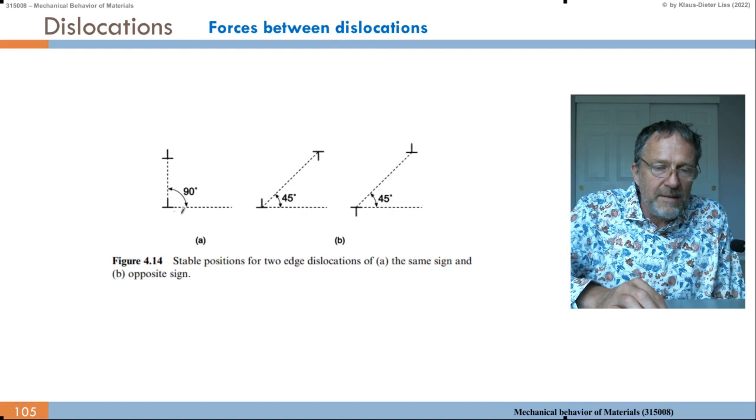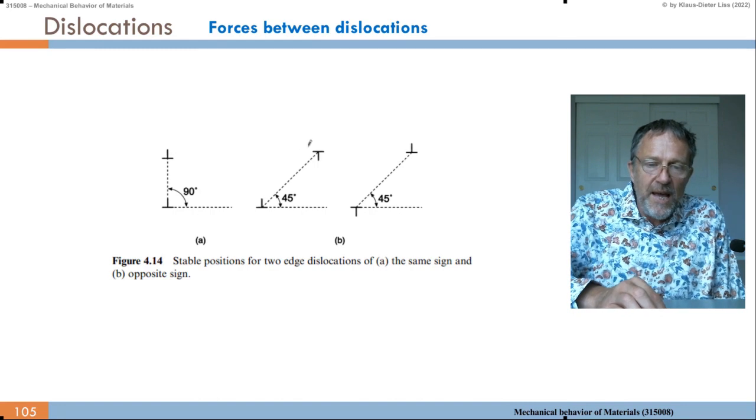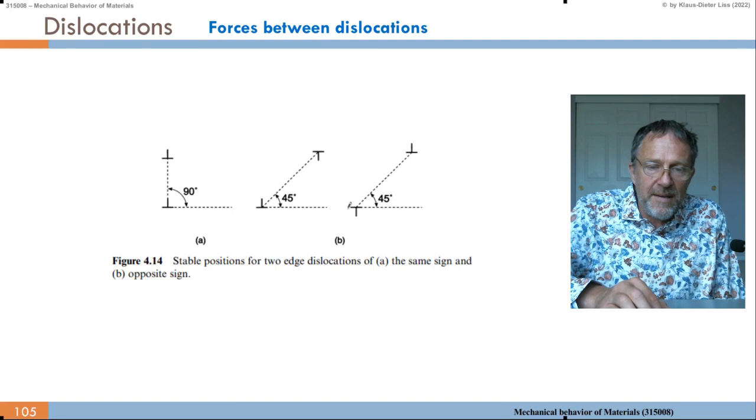So two edge dislocations with the same sign, you insert the plane here, insert the plane there, they align perpendicular to the habit plane, so in the 90-degree angle when you connect the dislocations. And if they have opposite signs, either this up and that down, or the first down and the second up, then they align at 45 degrees to the habit plane.